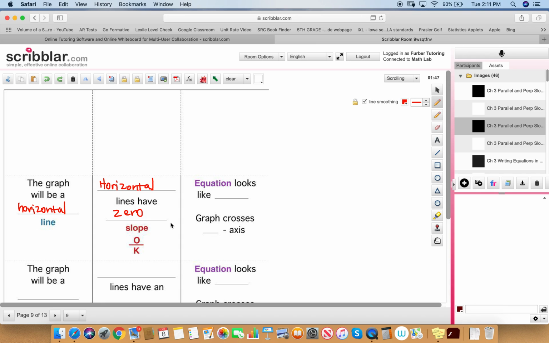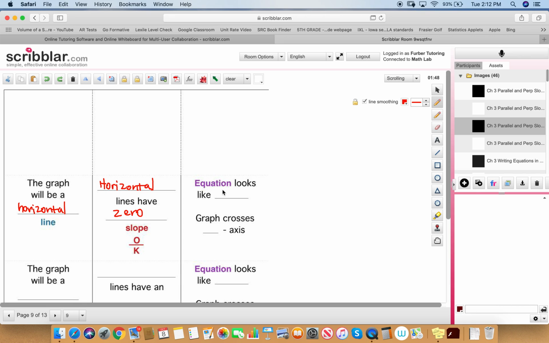So if you were being asked to write the equation of a line that passes through two certain points, and you did the slope formula and found that the numerator gave you a 0, that is okay. That would just mean that it would be a 0 slope.